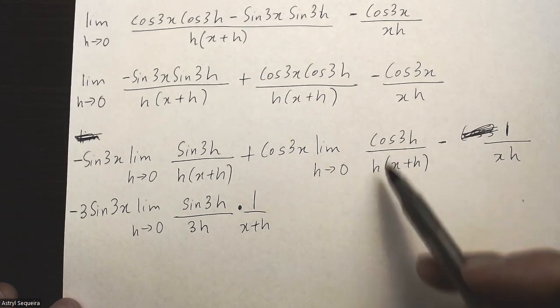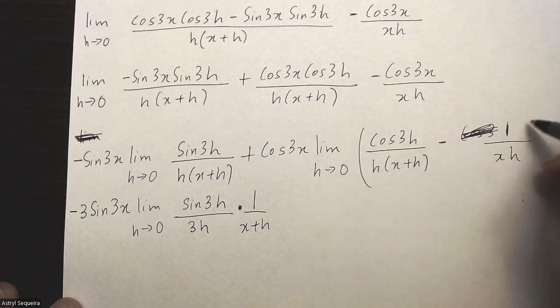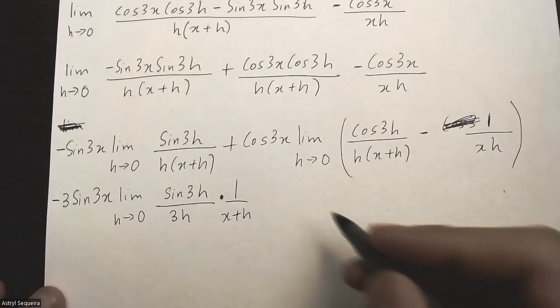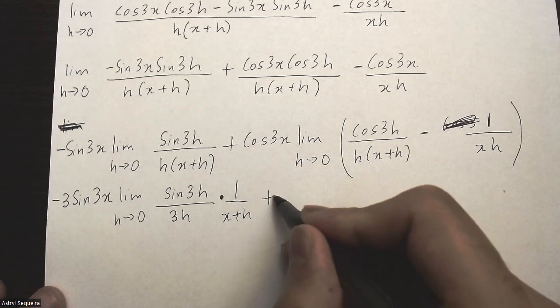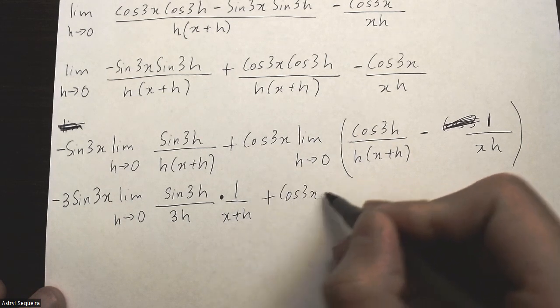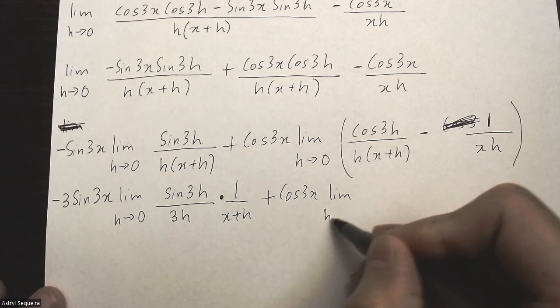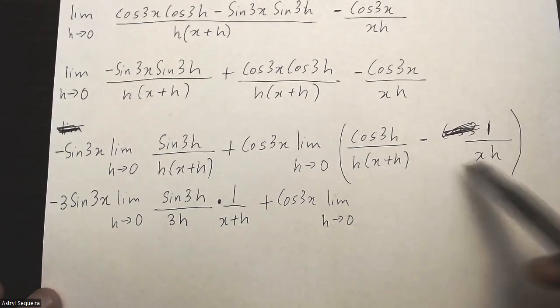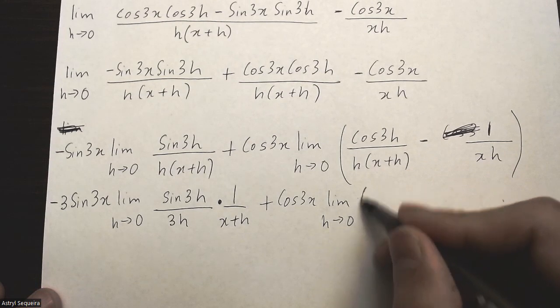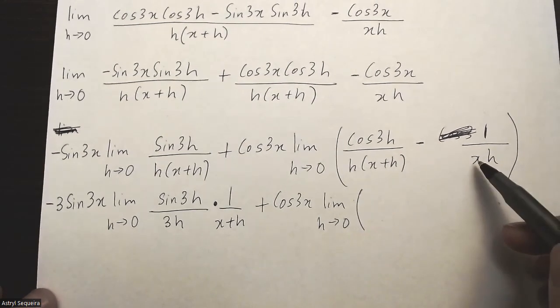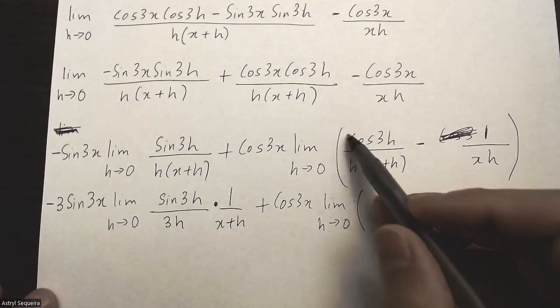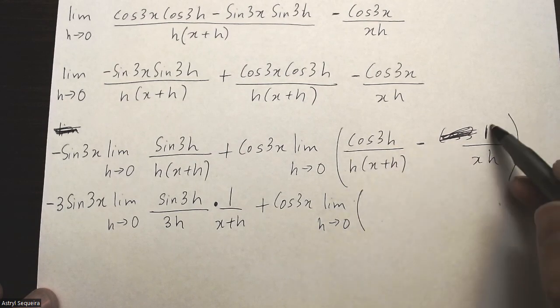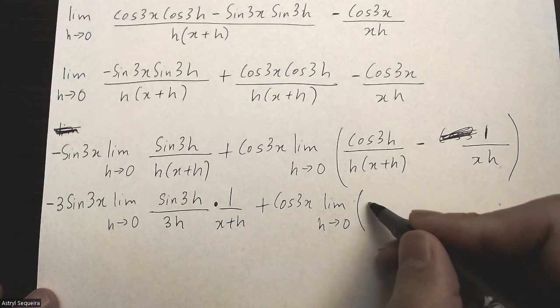For this part over here, remember this is all being limmed together. I'm going to start by writing the plus cos 3x the same, lim h approaches 0, and over here I'm going to make a common denominator. So I'm going to multiply the top and bottom by x over here, and the top and bottom by x plus h over here, and then I'll have a common denominator.